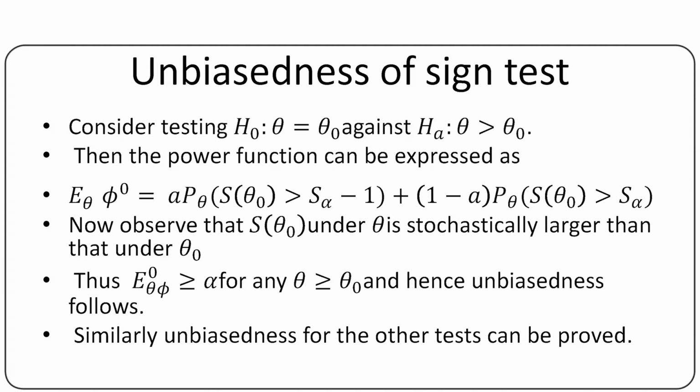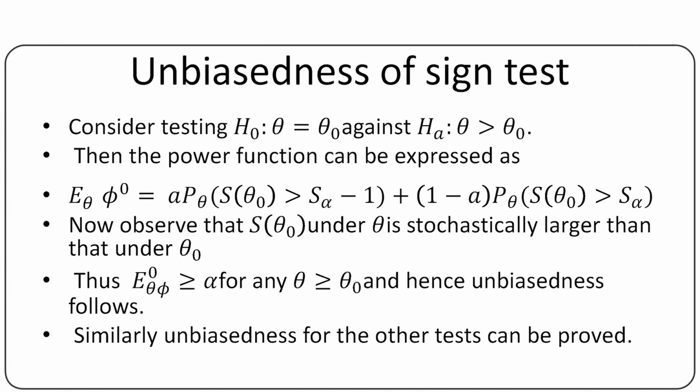Now, S theta naught is expected to be larger under theta than under theta naught. Thus, S theta naught under theta is stochastically larger than S theta naught under theta naught. Then, under any theta, probability under theta S theta naught greater than k is greater than or equal to probability S theta naught greater than k under theta naught.